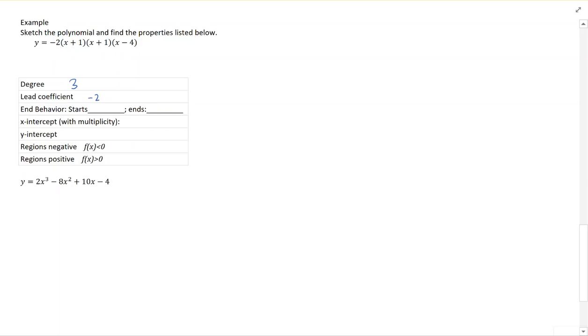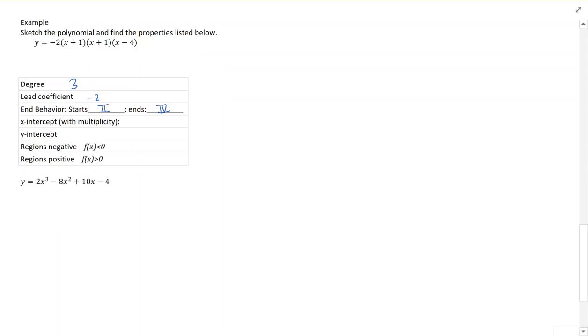I'm going to erase that. Now, since we're doing degree 3 with a negative leading coefficient, we already know the shape must look something like that, right? It's going to start in quadrant 2 and end in quadrant 4. We already know the shape will be something like that. Now, what are the x-intercepts with multiplicity?